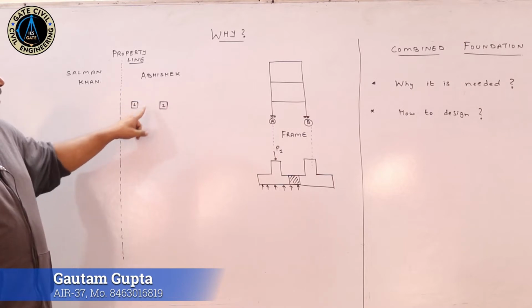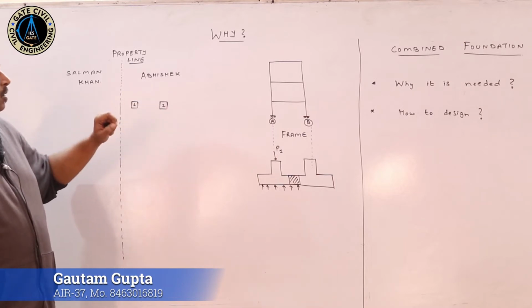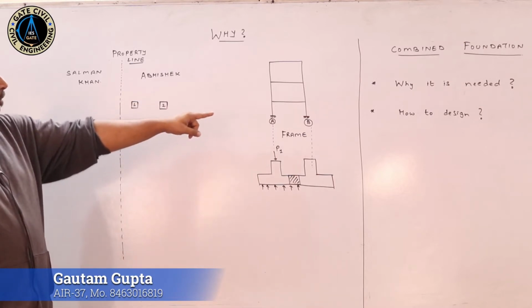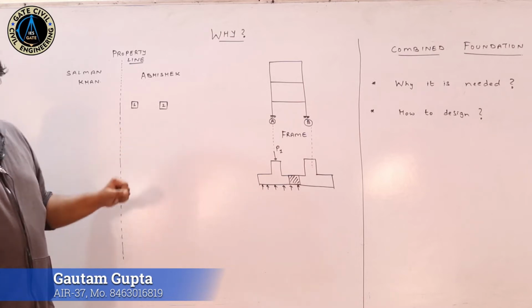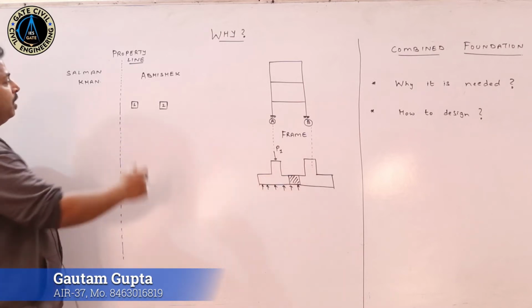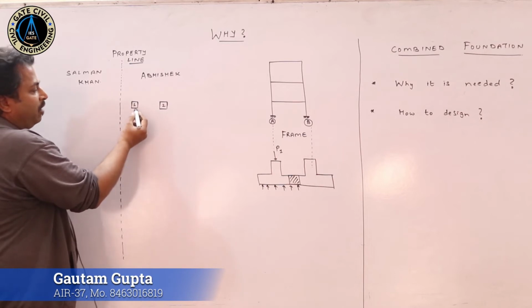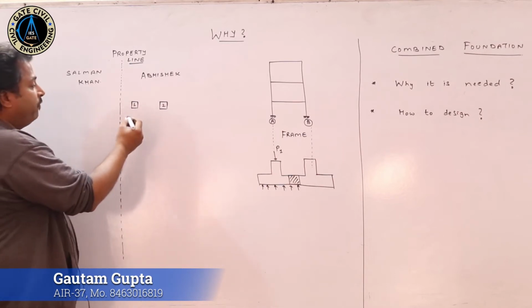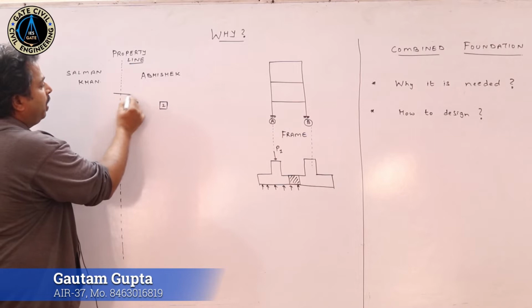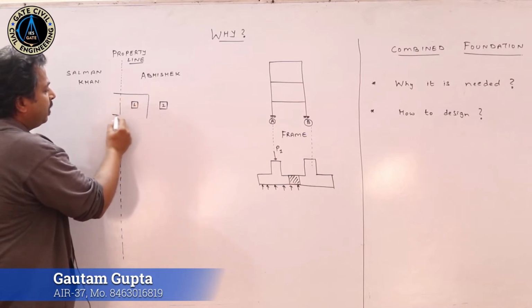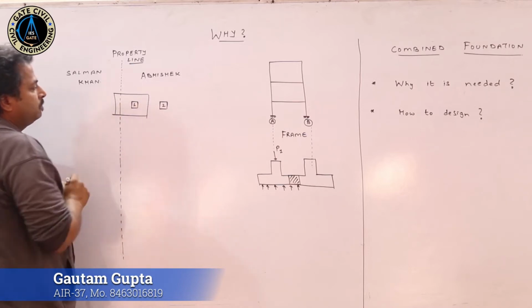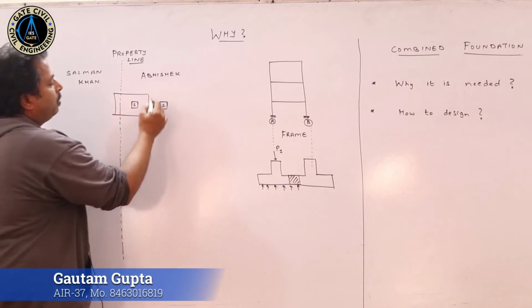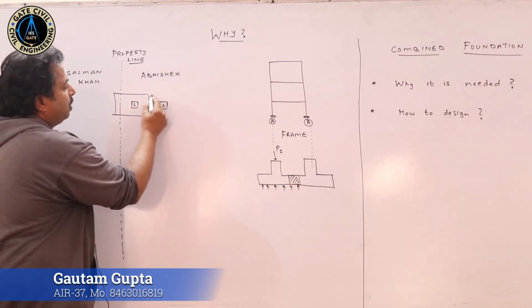Abhishek wants to make a structure with two columns, column 1 and column 2. Suppose the foundation for column 1 requires this much area, and for column 2 it requires this much area.